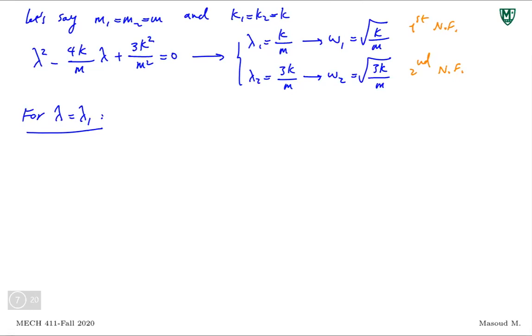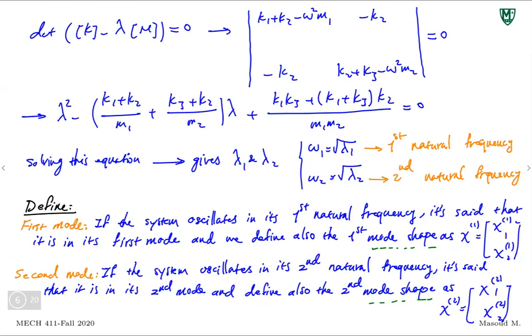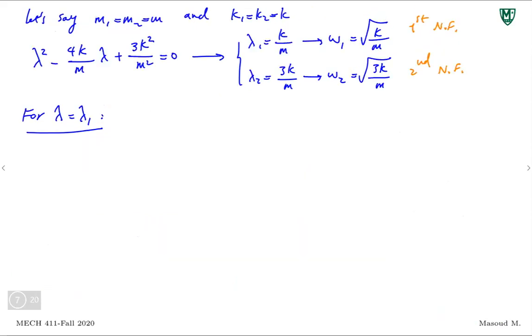Now, if I plug this into the characteristic equation that I found for the general form system, this equation right here, with m1 equal to m2 equal to m and k1 equal to k2, it actually has to be k3 as well. So all of them are just k. k3 equals k.